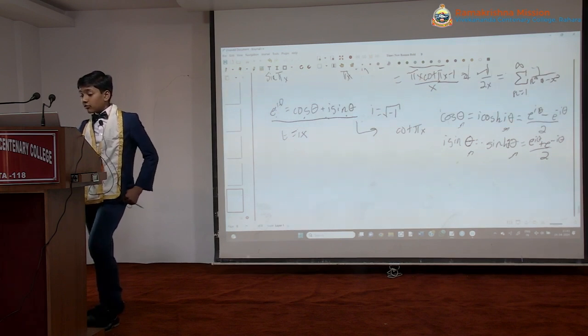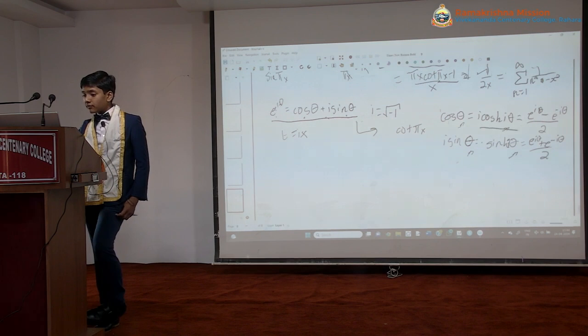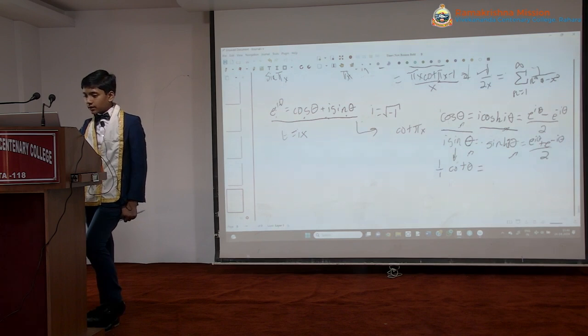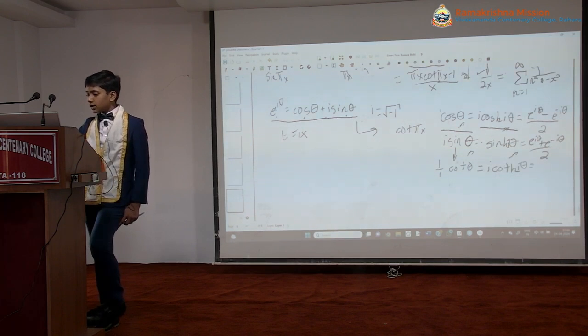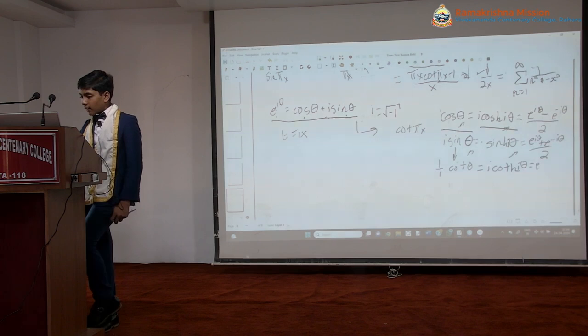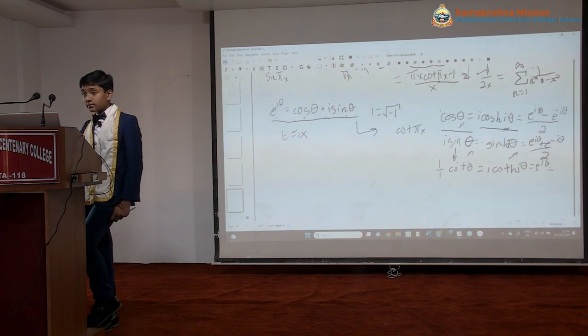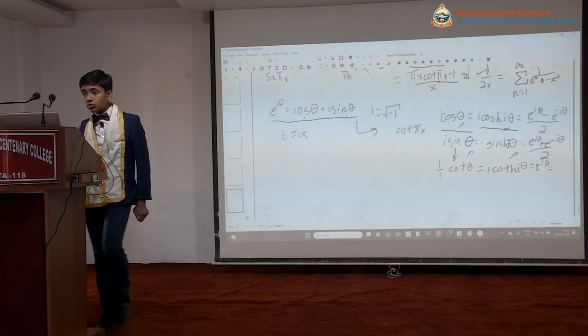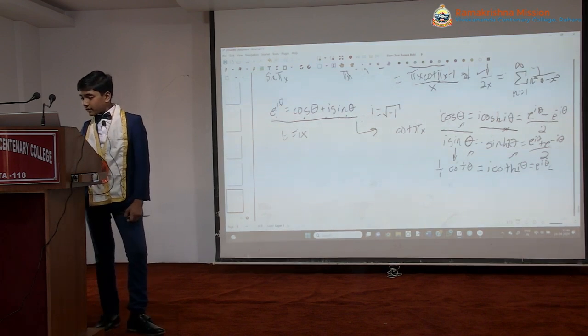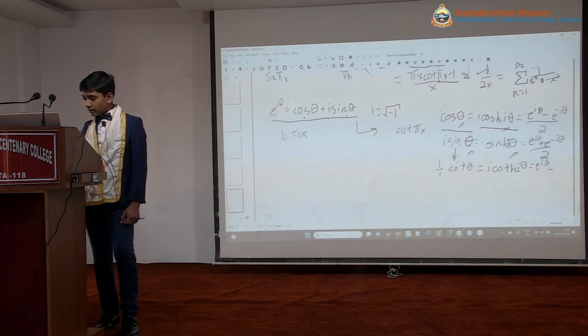Alright, so now what do we get? Well, let's see what happens when we divide these two. So this gives us 1 over I cotan theta is equal to I cotan hyperbolic I theta is equal to whatever that is. Oh, right. That could be correct. Let me just drag my mouse over and do that.